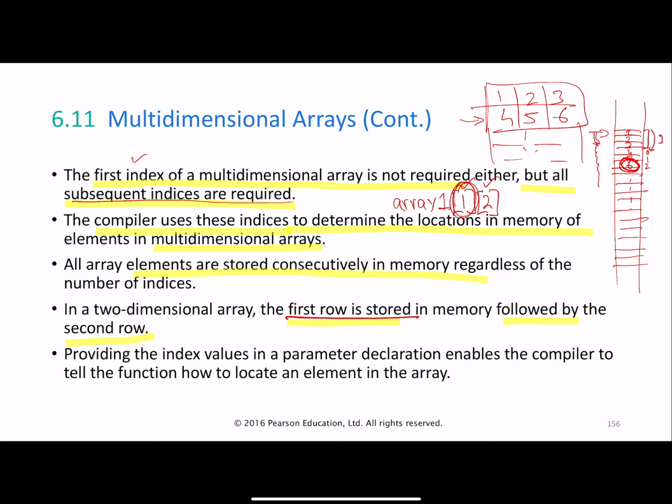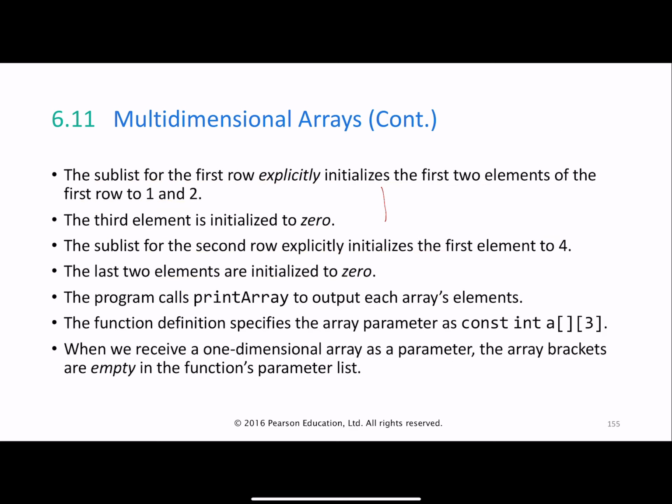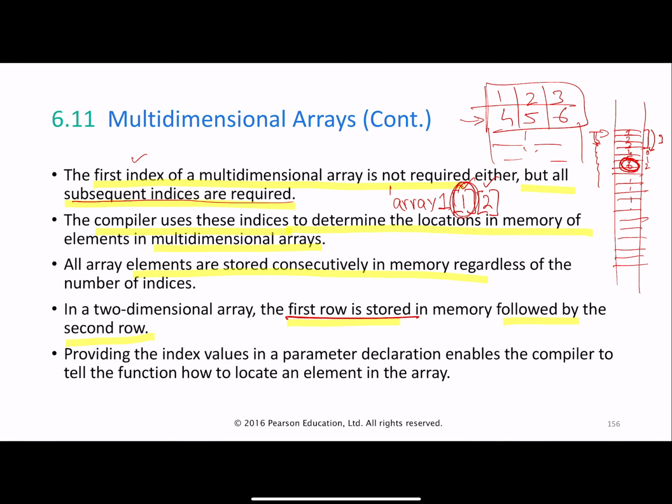In order to do this kind of math, in order to understand which location in memory to go to, the compiler, or actually a function, needs to know how many columns your two-dimensional array is in size.